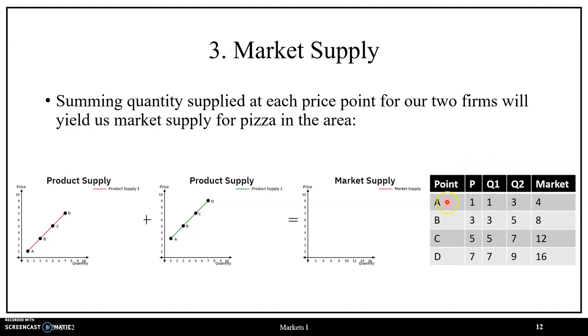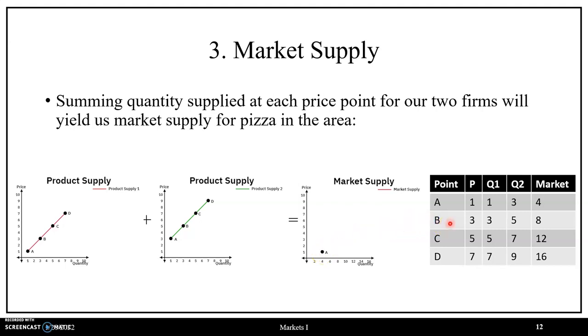Starting at point A, at a price point of 1, location 1 is willing and able to sell 1 pizza slice, while location 2, 3 pizza slices, such that the overall market is willing and able to sell 4 pizza slices at the price point of 1, which we generate with point A on our market supply curve.